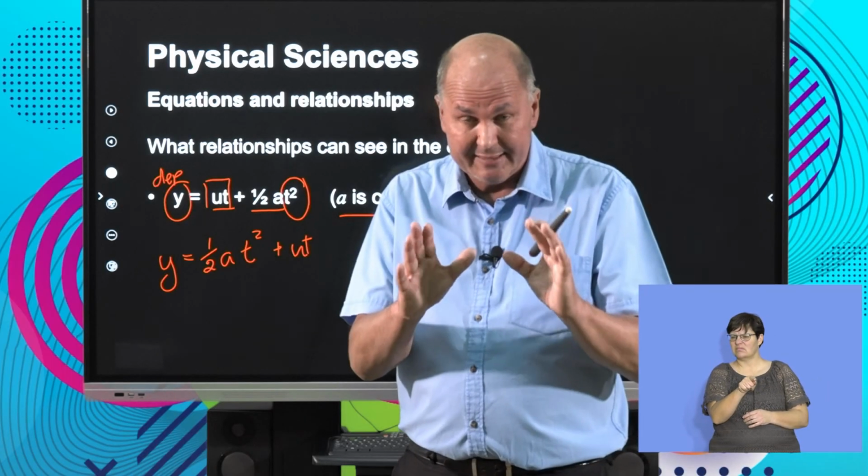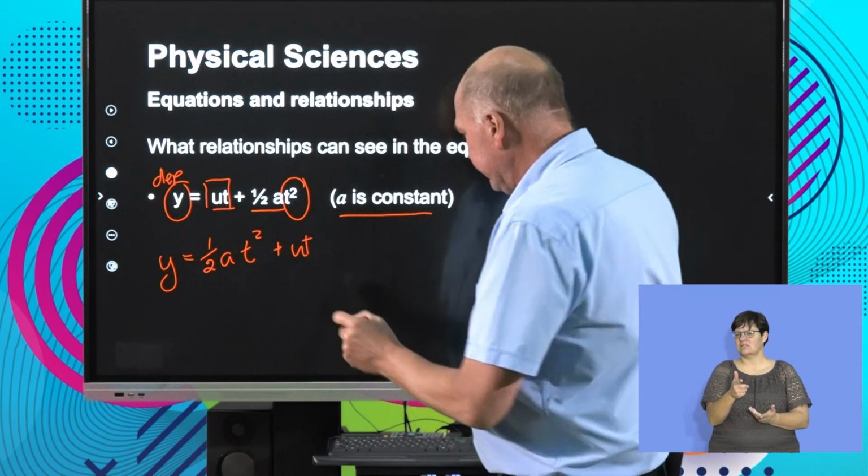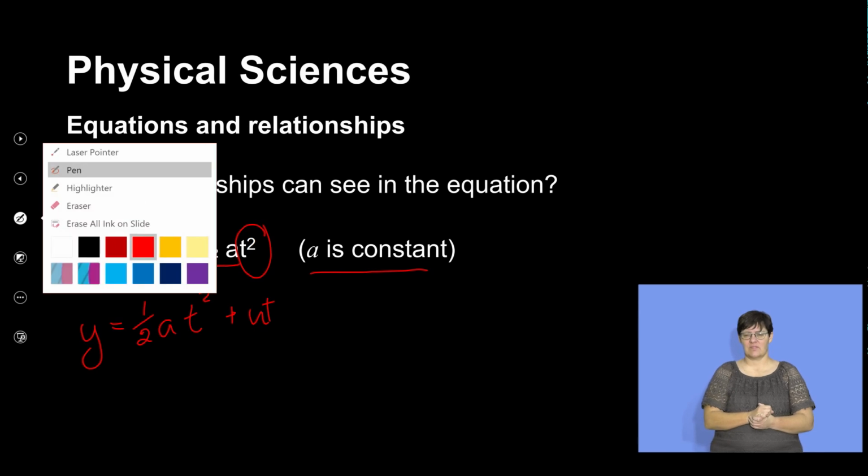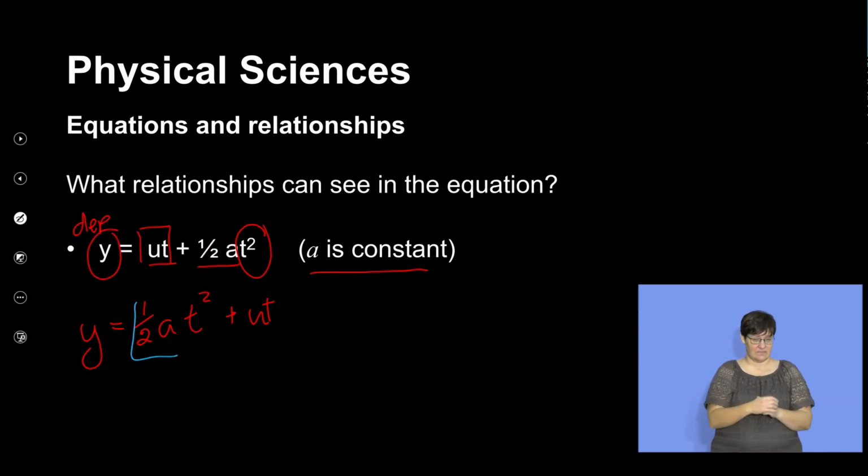But before we get there, let's just take a note of something. Let's take a note that we've got a constant here. The bit in front of the t squared is a constant. This is a bit on its own.